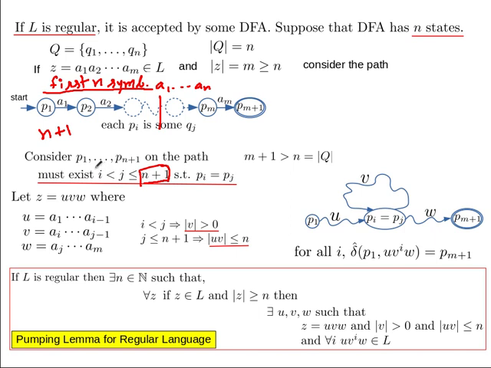Now this is important: i is not equal to j. There are two different circles here which correspond to the same state. So i is strictly less than j. i is not j, but the states are actually the same.